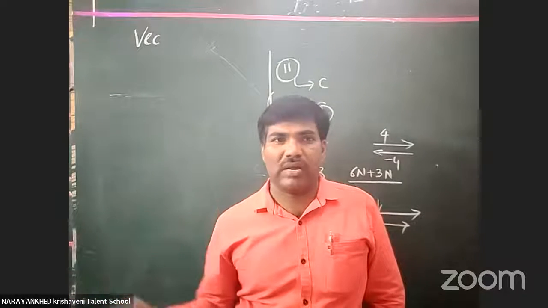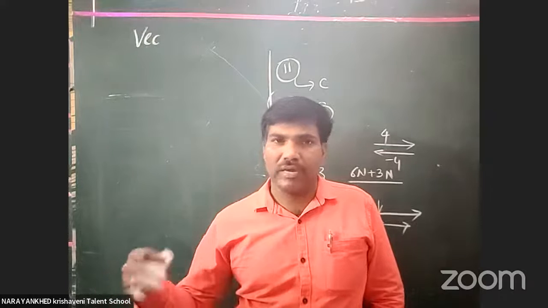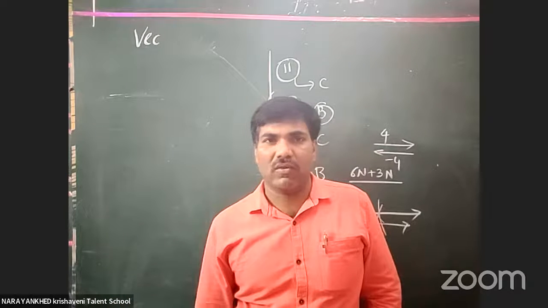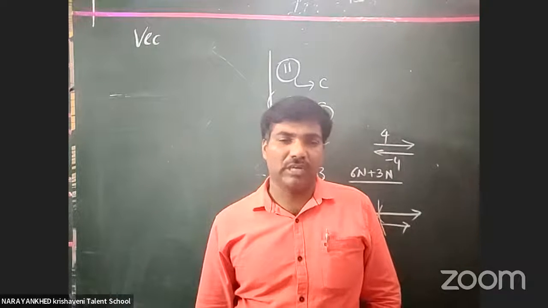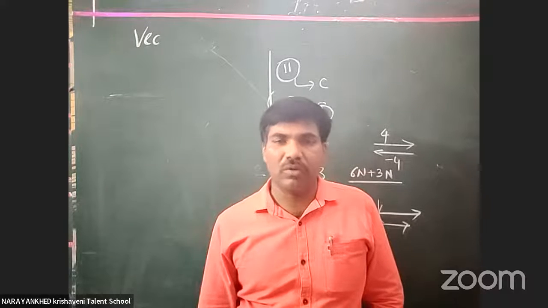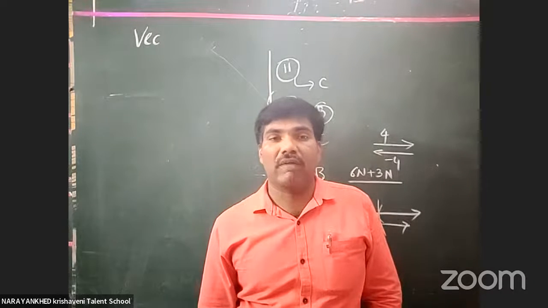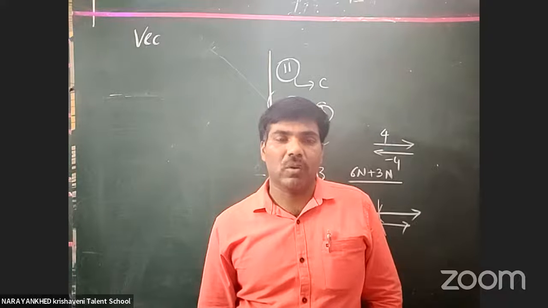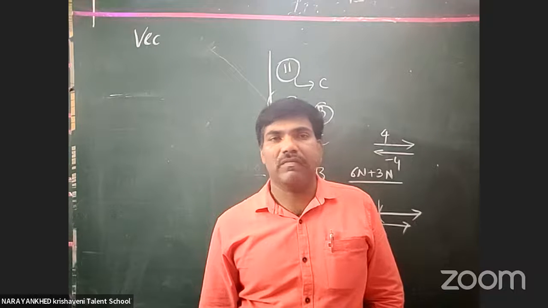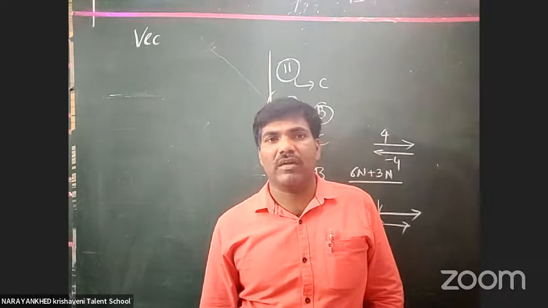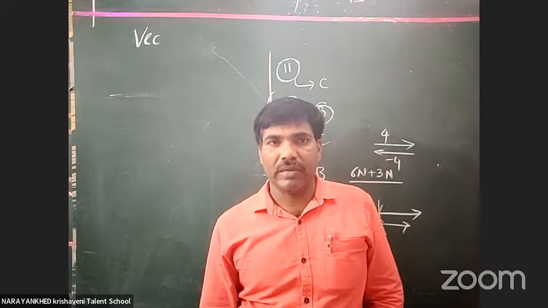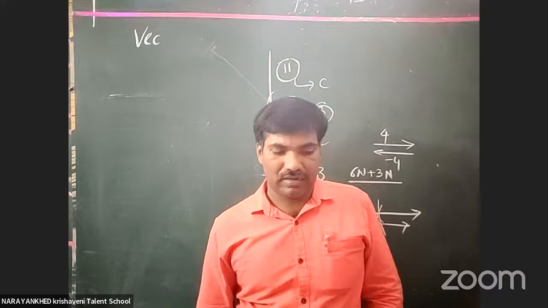We classified the vectors based on direction and magnitude. Totally 15 types of vectors we already discussed: null vector, zero vector, unit vector, how to find the unit vector, and what is an orthogonal vector. Then what are the coordinate points. These are all the things we already discussed. This is about vector components.